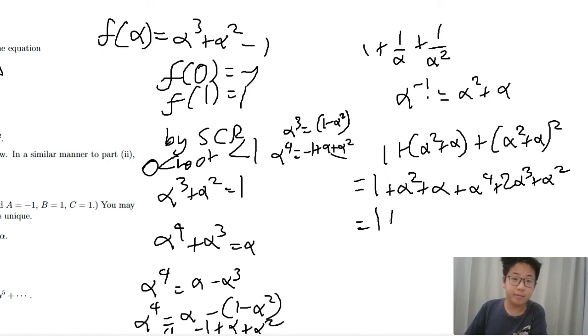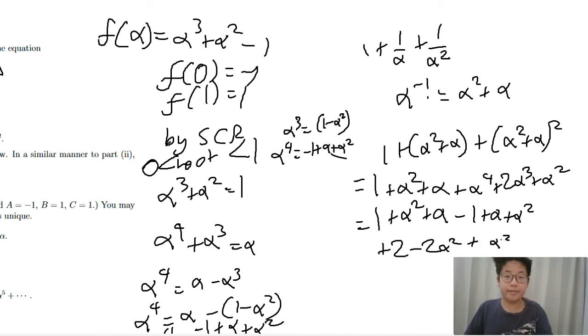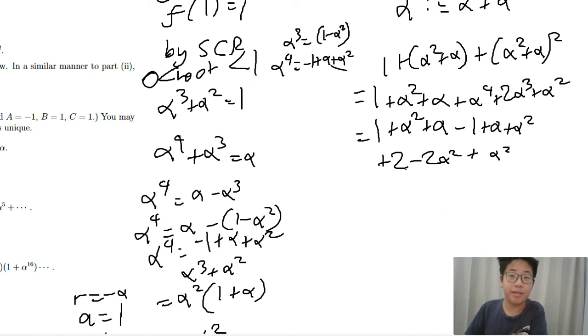Equals 1 plus alpha squared plus alpha minus 1 plus alpha squared plus 2 minus 2 alpha squared plus alpha squared. Moving on, we will whittle out the alpha squared terms. Oh, sorry, we'll move on.